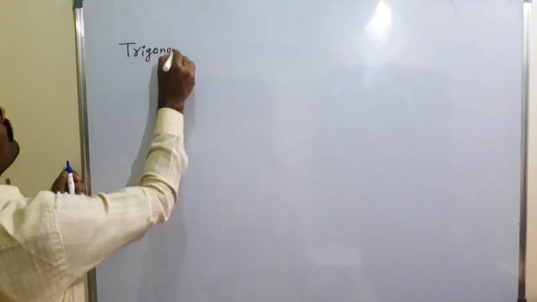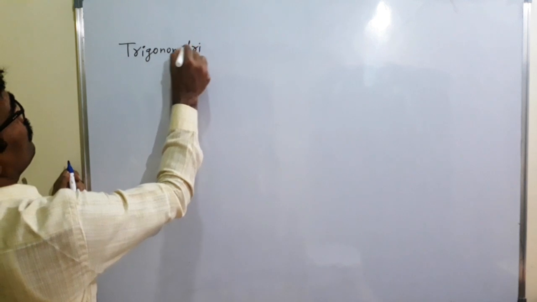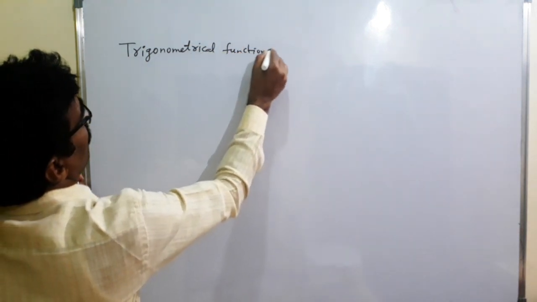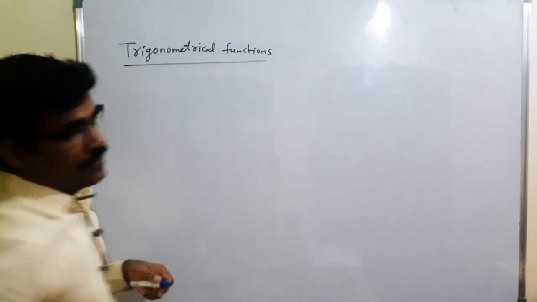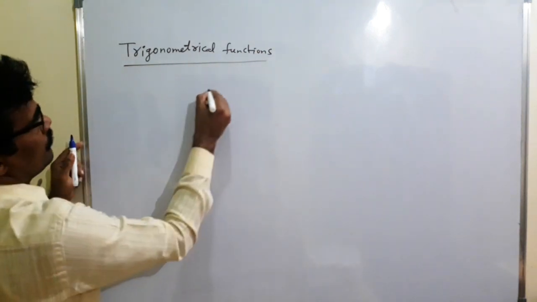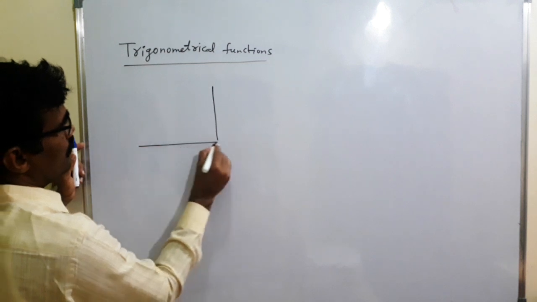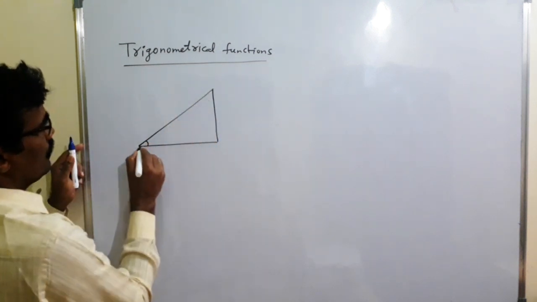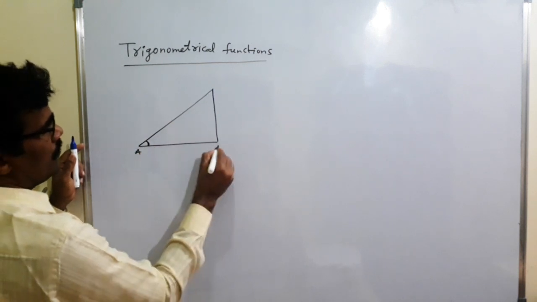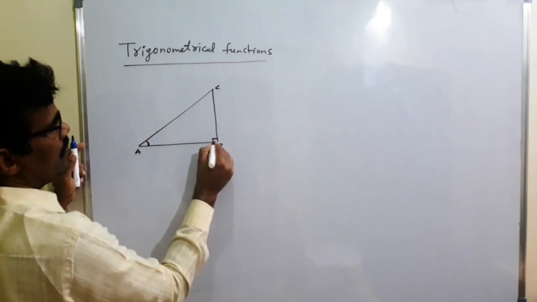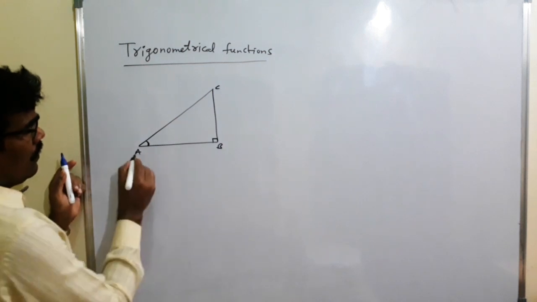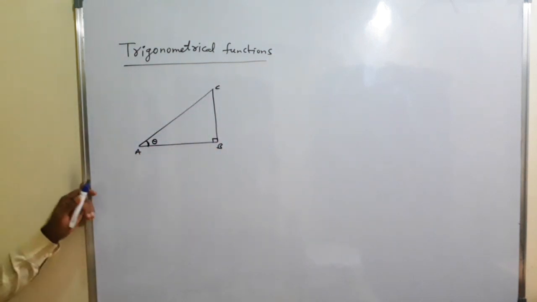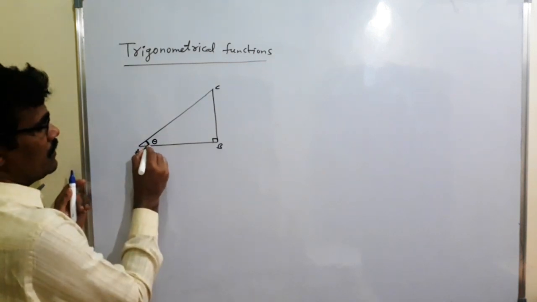Trigonometrical functions. Let us consider right angle triangle ABC. This is the right angle. This is the theta. So here theta is here.